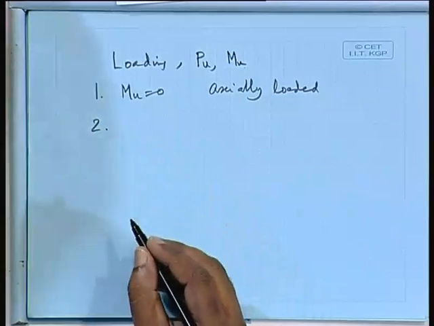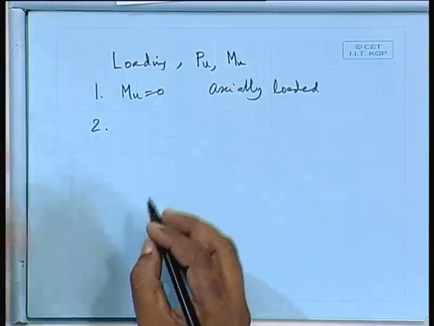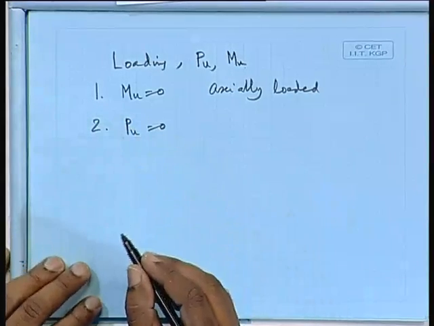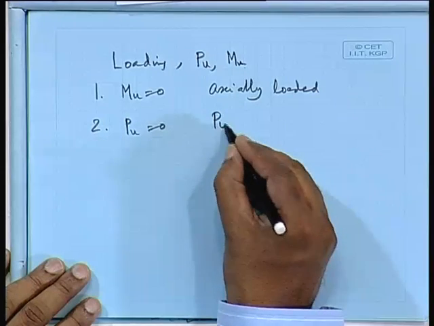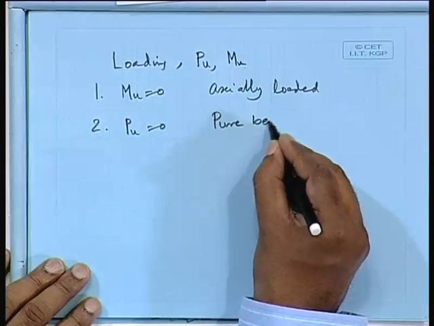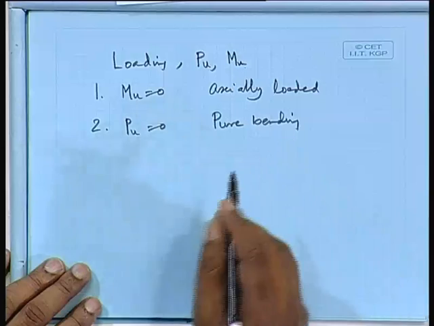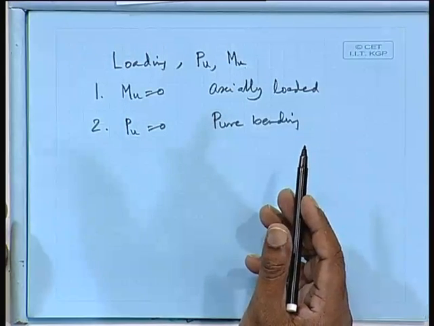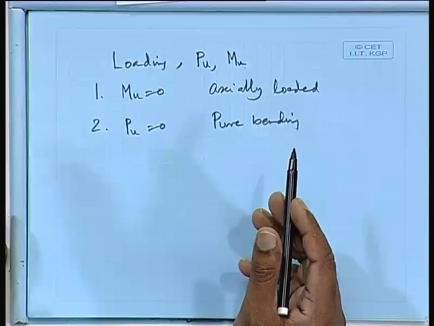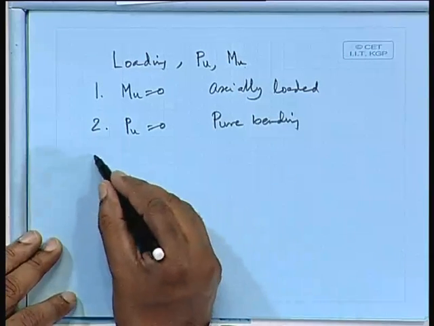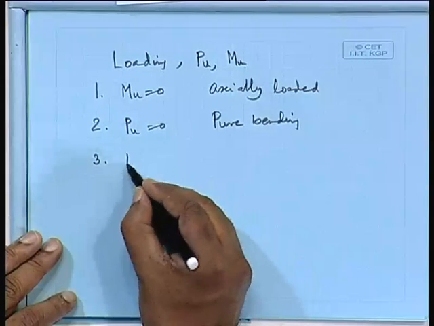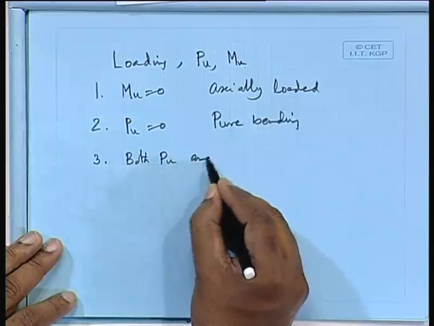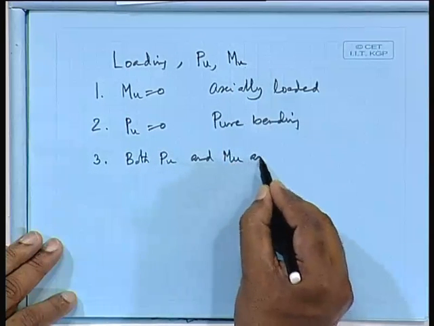Number 2, it can happen that PU equal to 0, that means it is nothing but pure bending, the beam problem, a doubly reinforced section. And number 3, both PU and MU are present.